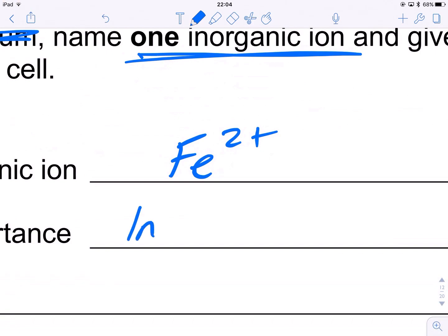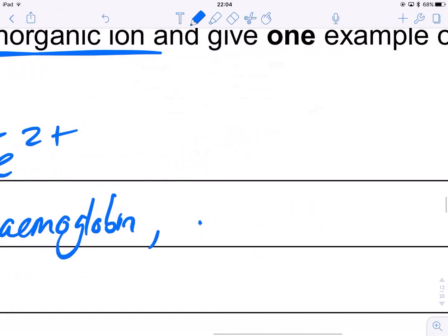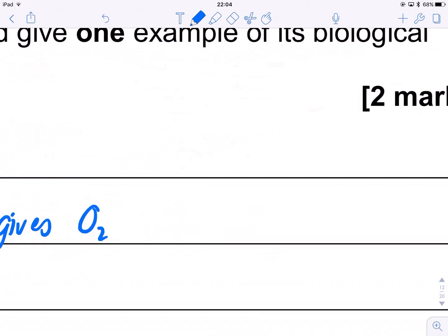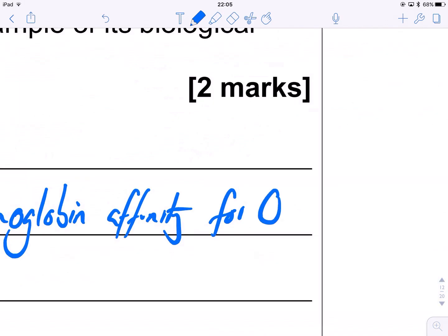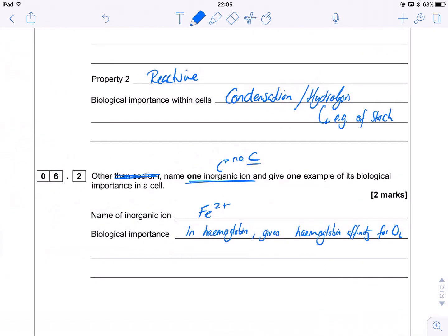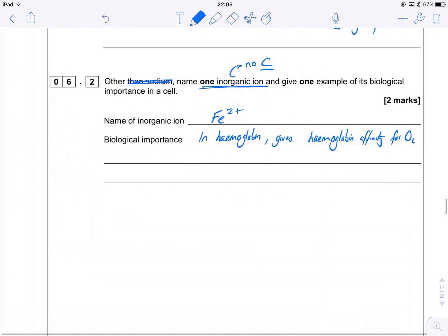So in hemoglobin, it gives hemoglobin an affinity for oxygen. There we go. Affinity for O2. And that'll do. So what else are we going with this one?